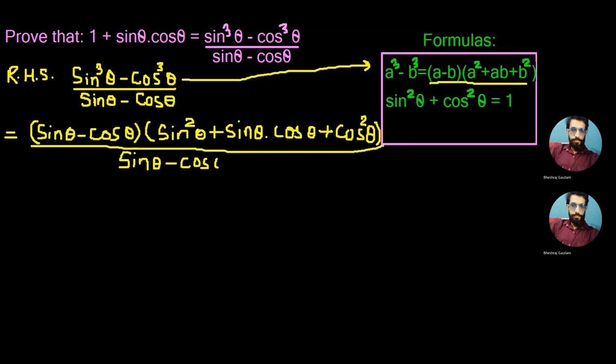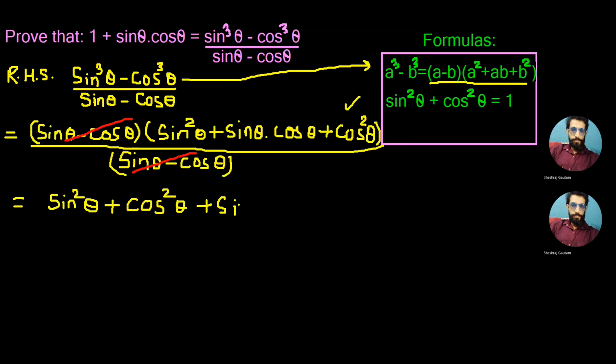And if we keep the denominator in the bracket, we see one of the factors in the numerator and denominator is the same. So cancelling them, there remains only sin square theta, and keeping this cos square theta near to sin square theta, let's write this plus the remaining term sin theta into cos theta.